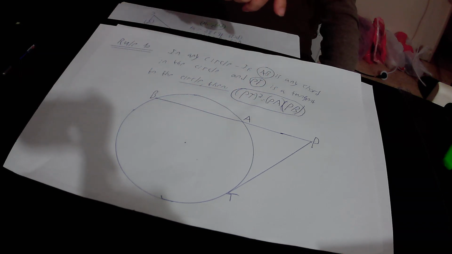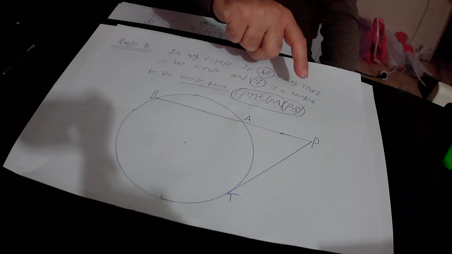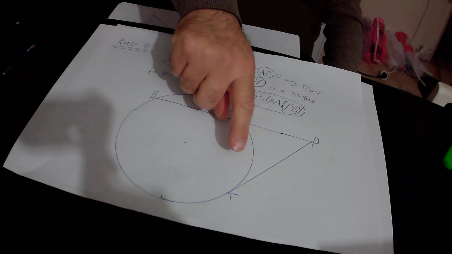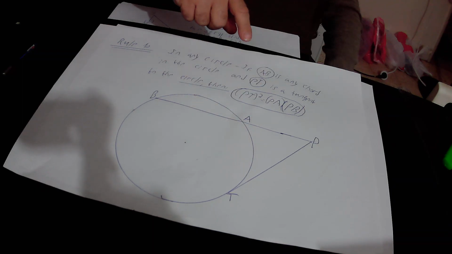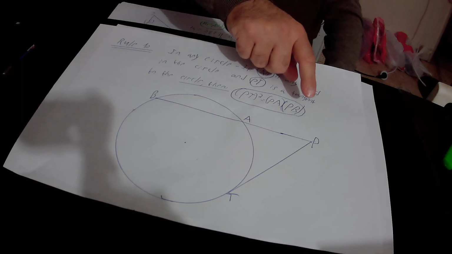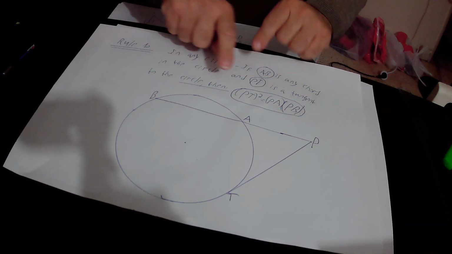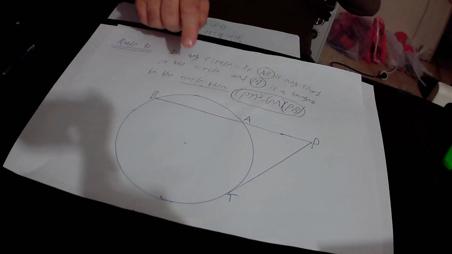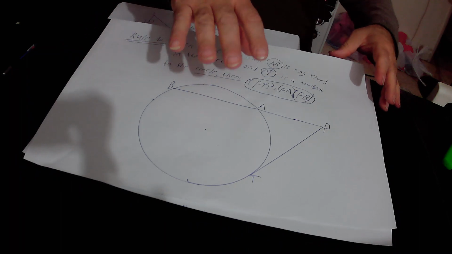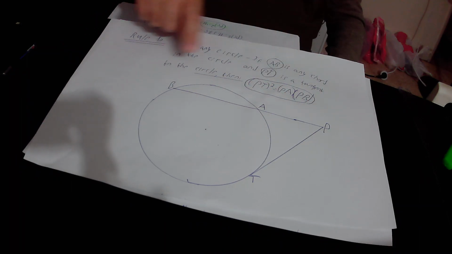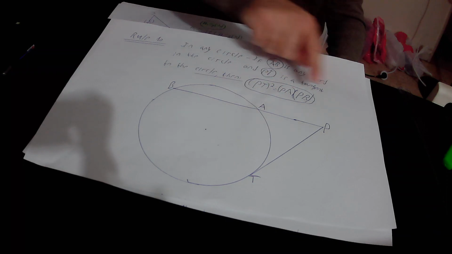So if from the common external point P we draw tangent PT that is tangent to this circle at point T, and from the same common external point, point P, we draw line segment PB that cuts the circle at points A and B, then in this drawing the following equation will be true, that PT square equals PA times PB. Again, PT square equals PA times PB.